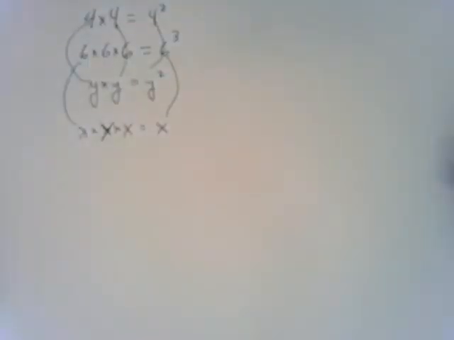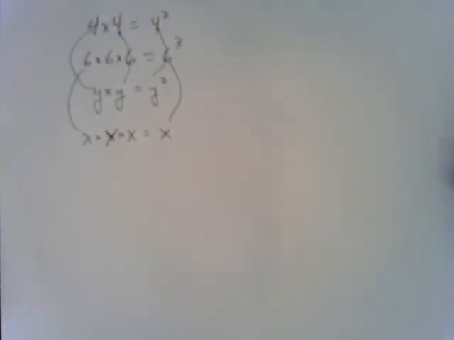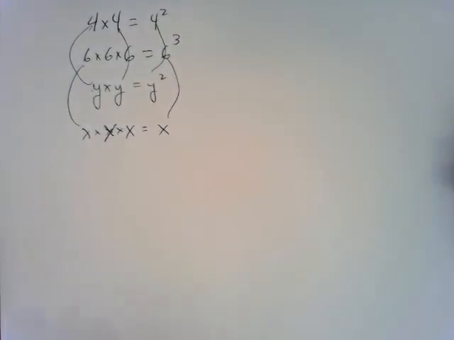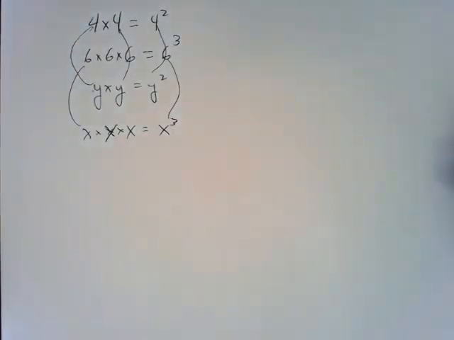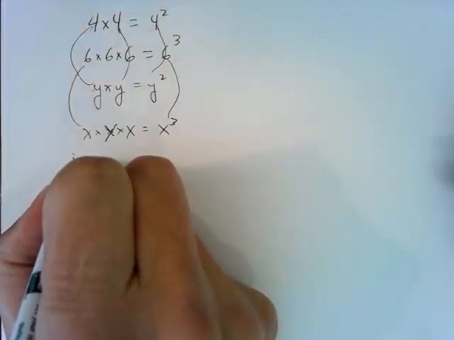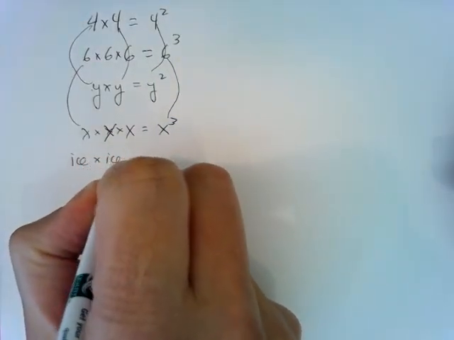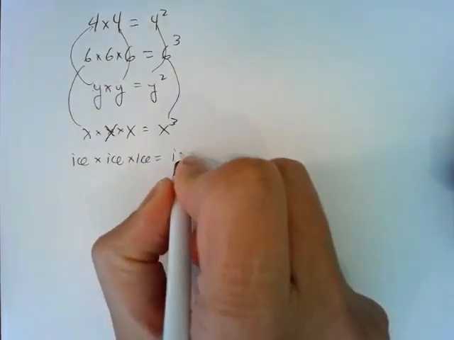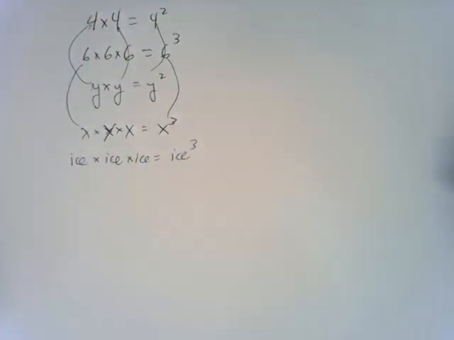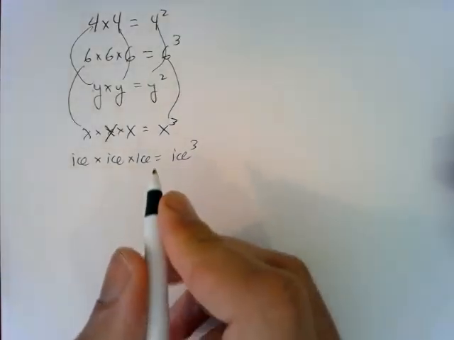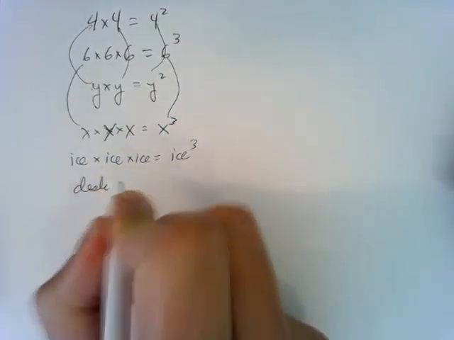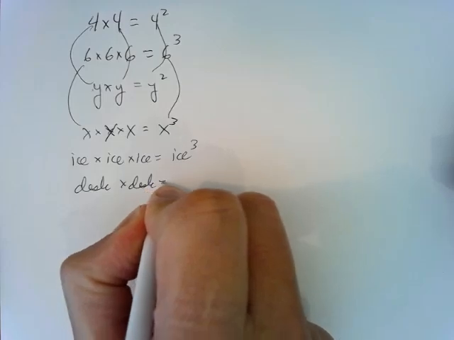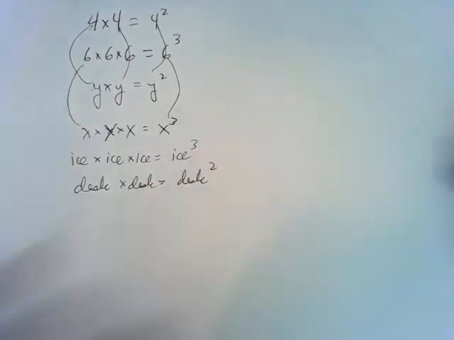So the 6 gets substituted out and the x gets substituted in, and we would have x cubed in that instance. And we could even plug in things that aren't mathematical or are nonsensical, like if we were to take ice times ice, we would get, that's right, ice cubed. So we can do this with anything. We could say desk times desk would be desk squared.